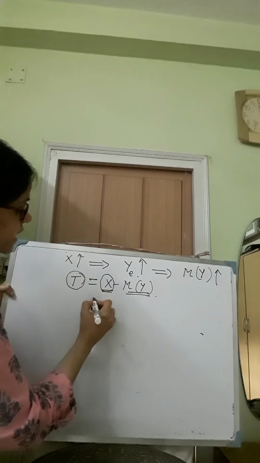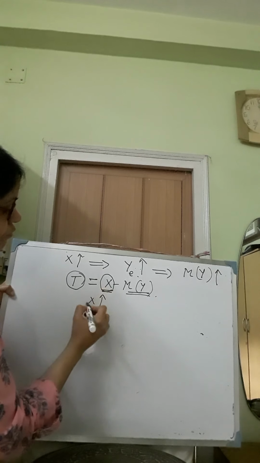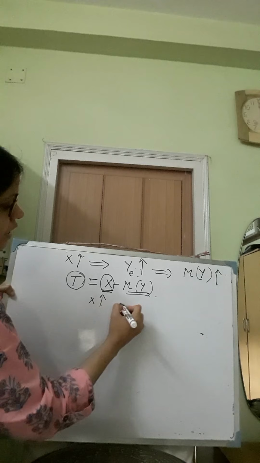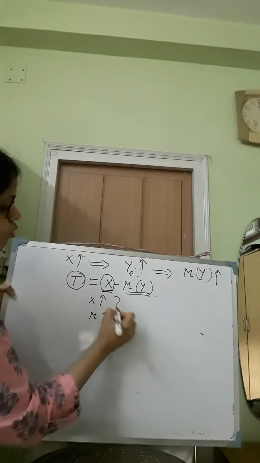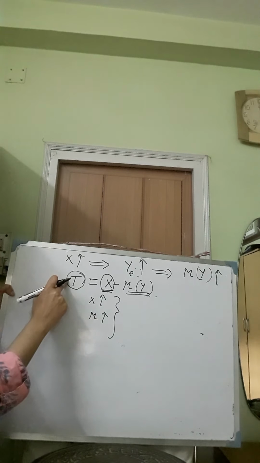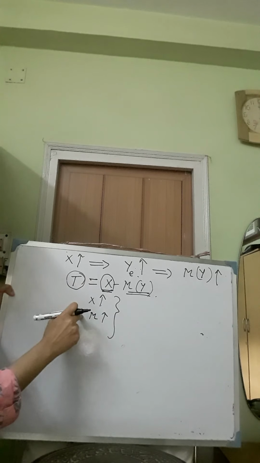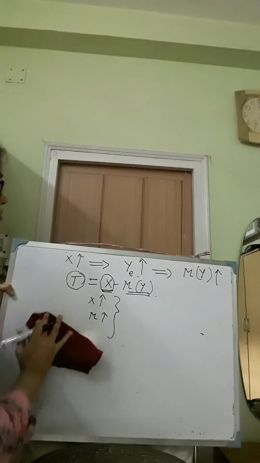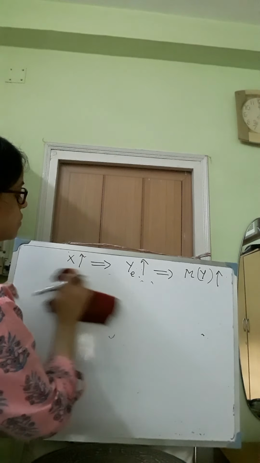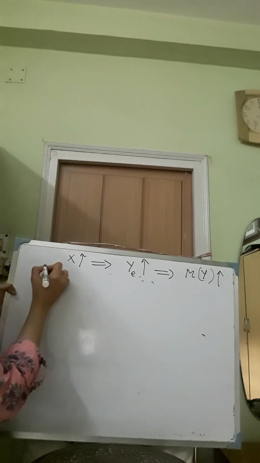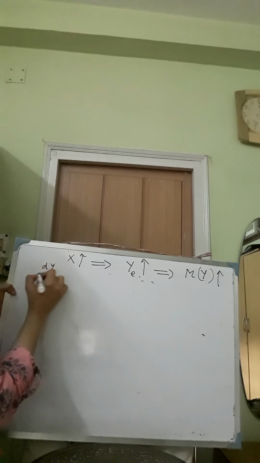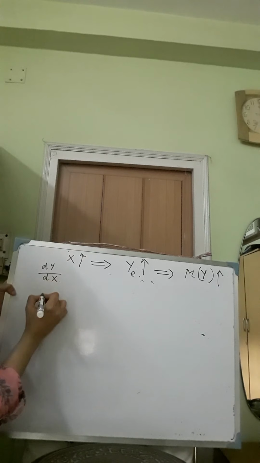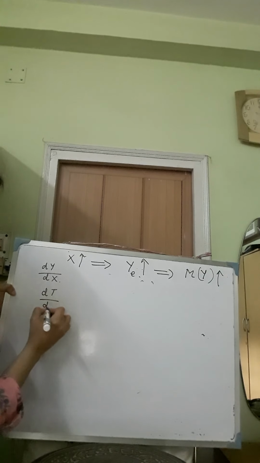Because if we increase x, then m also increases. So we do not know what will be the resultant effect on t because of the increase in x, that we have to check. So first we are considering dy dx, and then we will be considering dt dx.